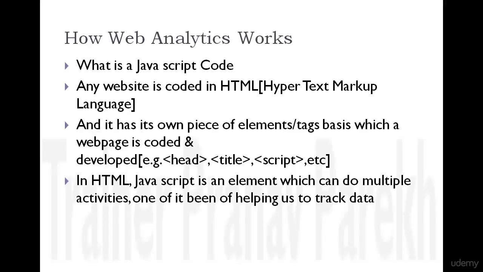As you can see here, a JavaScript code is an element which is a part of HTML, that is, hypertext markup language, which is the basic language in which web pages are developed. Like we are communicating at the moment in English so that you could understand what I am saying here.